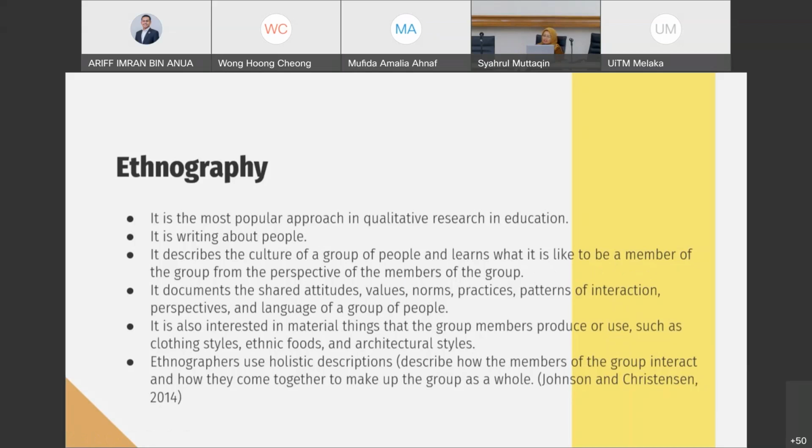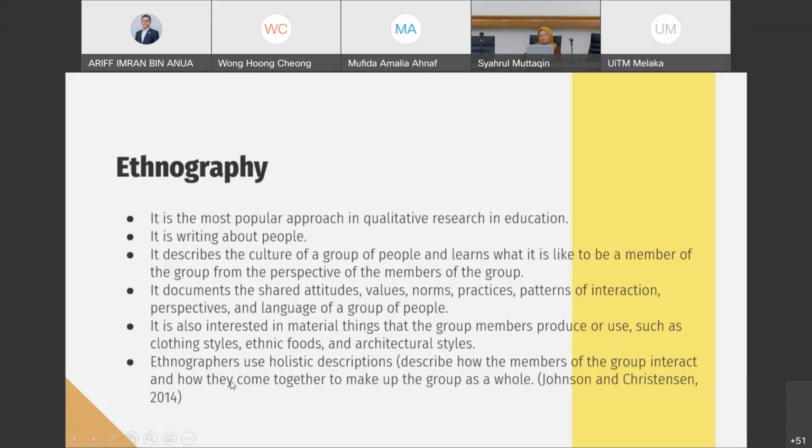It documents the shared attitudes, values and norms, practices, patterns of interactions, perspectives, and also language of that group. And then it is also interested in material things that the group members produce or use, such as clothing styles, ethnic foods, or architectural styles.